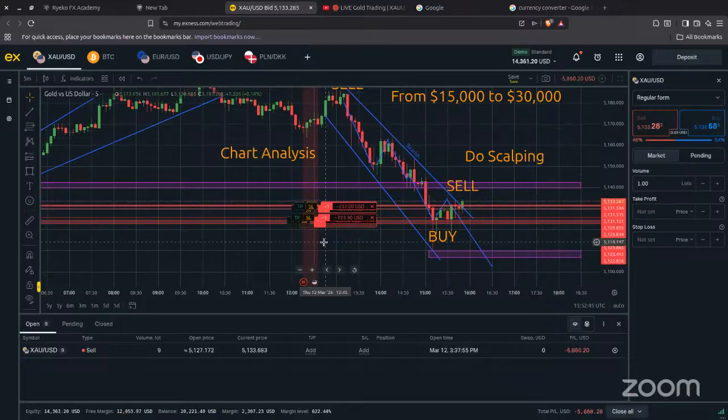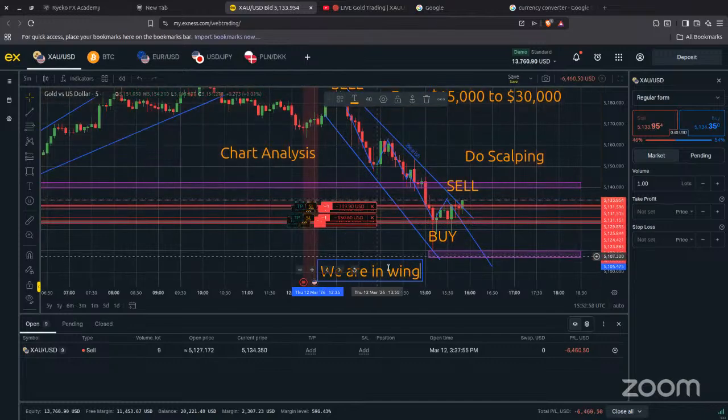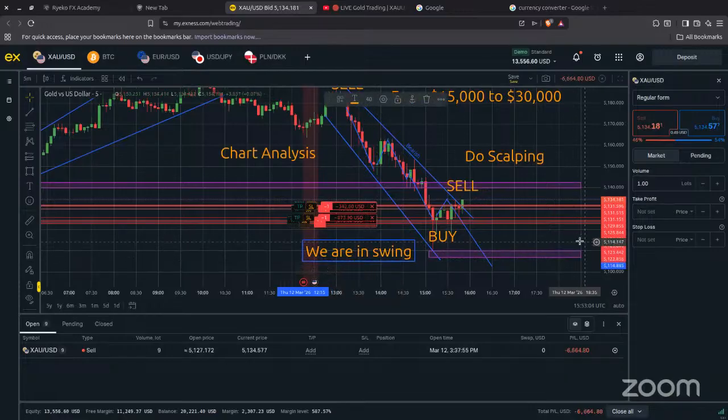Now we are in swing. We'll have to wait for it to go in our direction. Would have made more money.